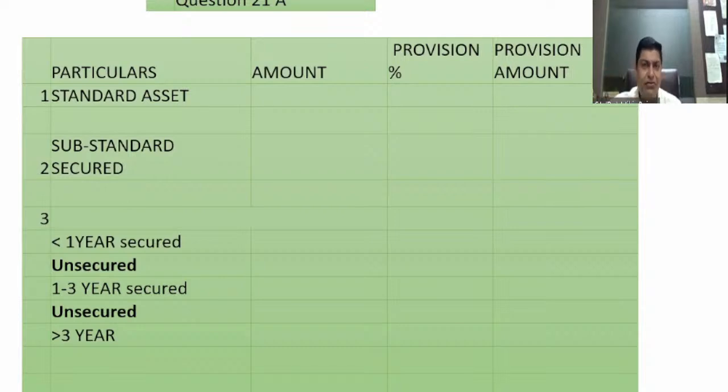So guys, giving you 3 minutes. Prepare this table and tell me the answer. The same 4 columns as we did in the last question.